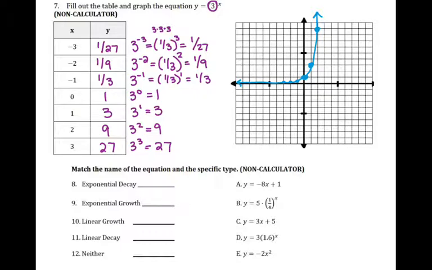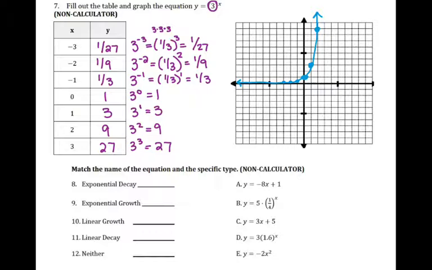Okay, next up, matching. So we're matching exponential decay, exponential growth, and linear decay. And if there's a random function in there, that would be the neither. So if I look at my functions that are presented to me, I'm going to go ahead and start labeling some of them. Letter A is in slope-intercept form, y equals mx plus b.